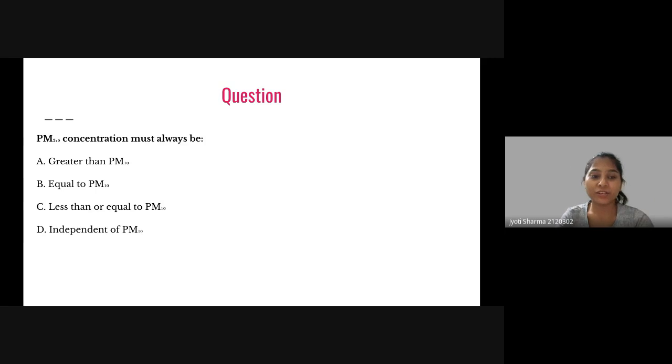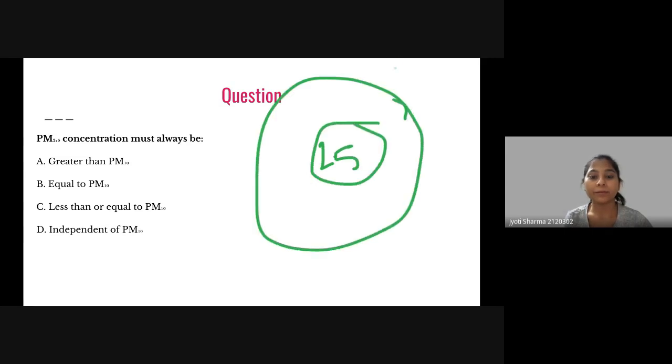Is there any relation between particulate matter 2.5 and particulate matter 10, or are these independent of each other? Yeah, C is the right answer, because particulate matter 2.5 is a subset of particulate matter 10, right?